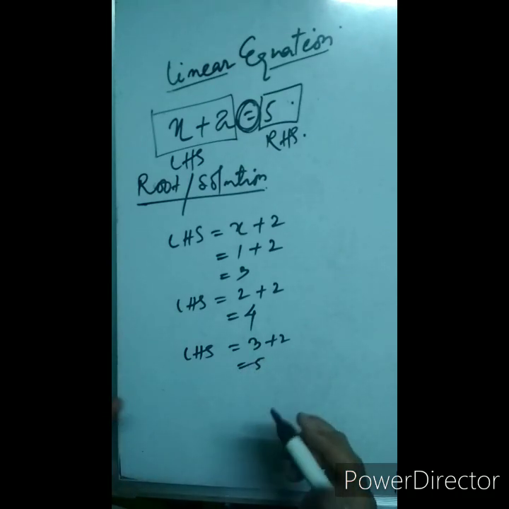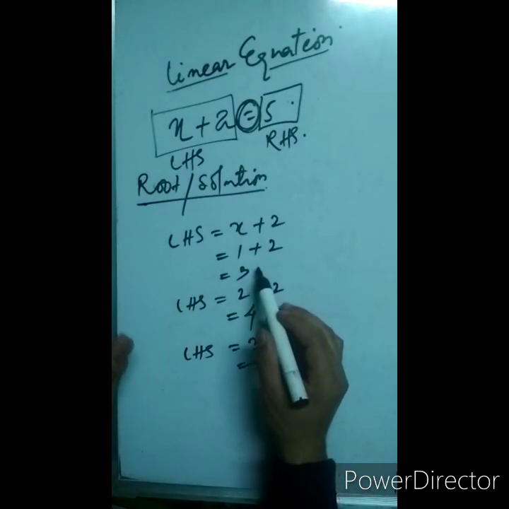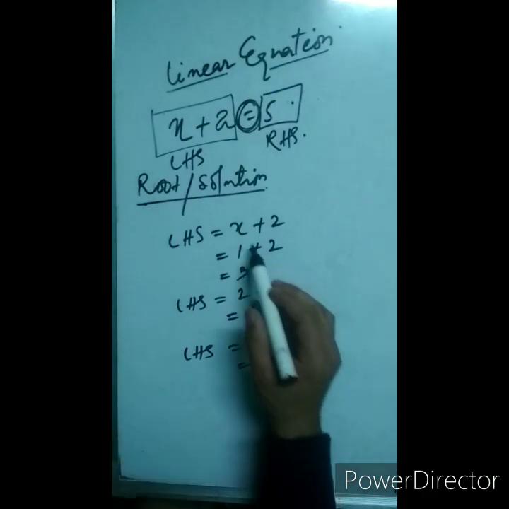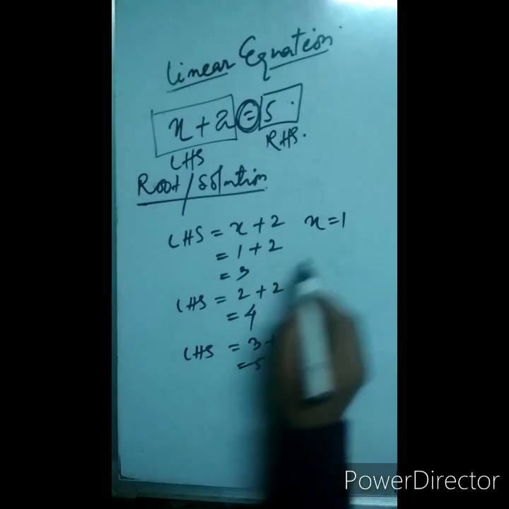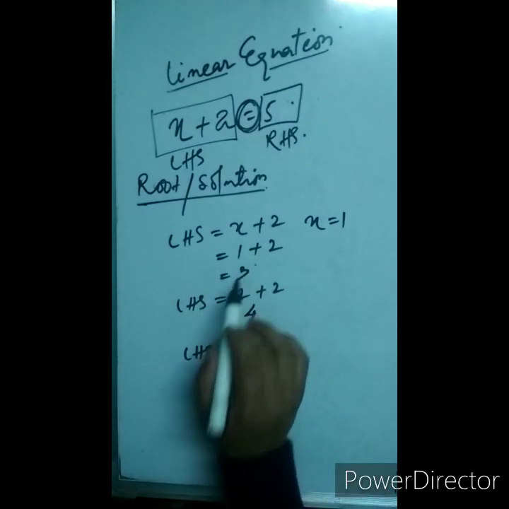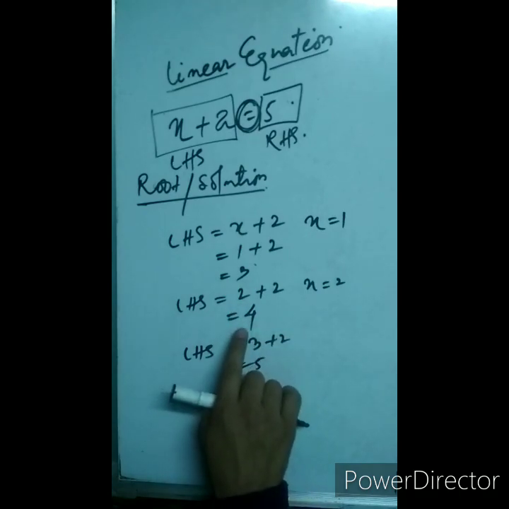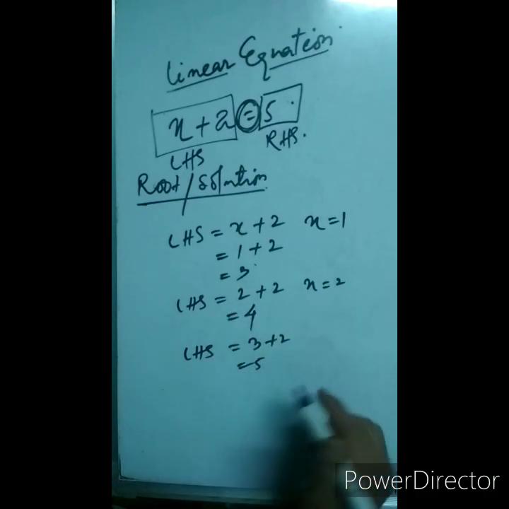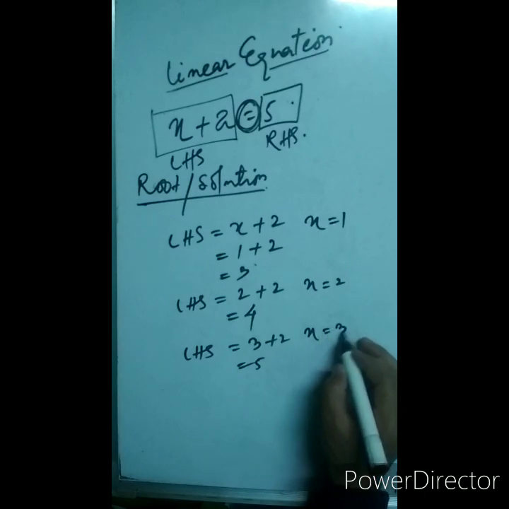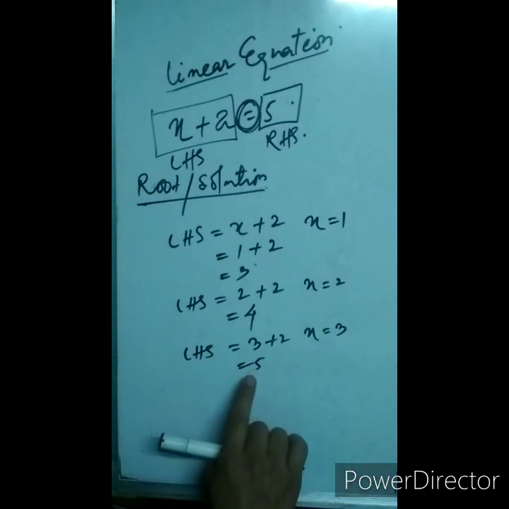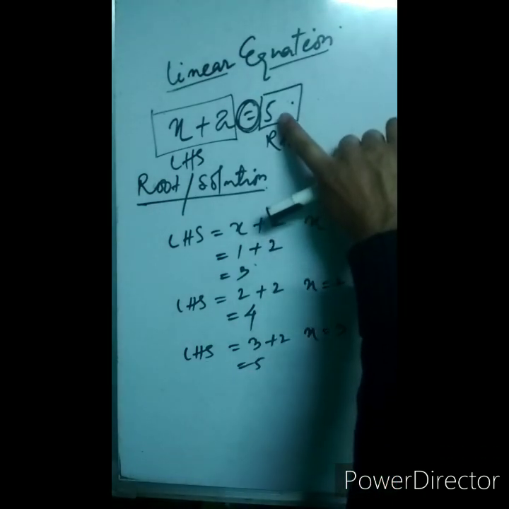Now let us observe the value of the left hand side. When x is 1, I get the value 3. When x is 2, the left hand side gives 4. When the value of x is 3, the value of the left hand side is 5. But please look at what is on the right hand side.